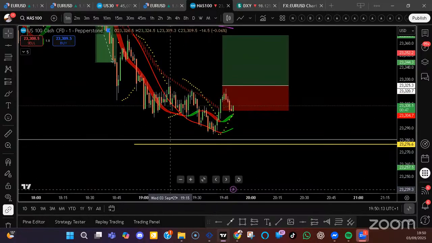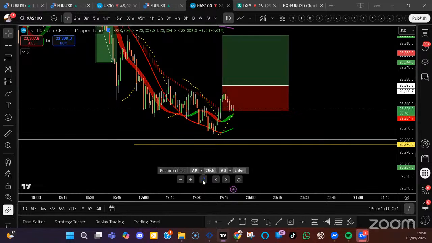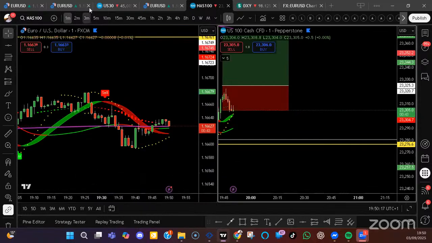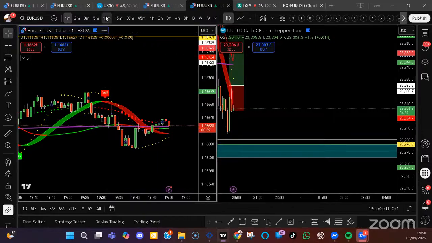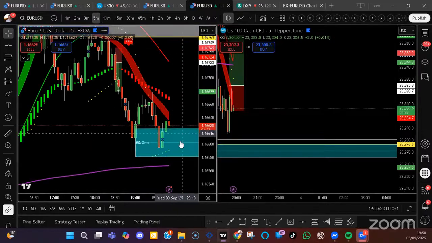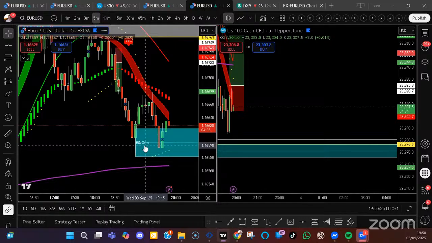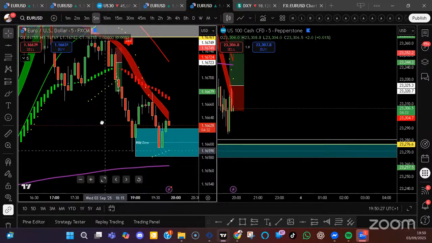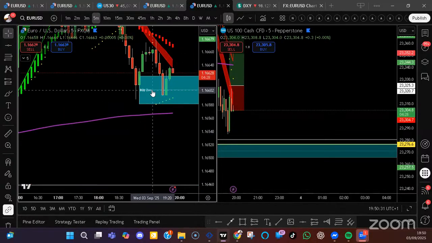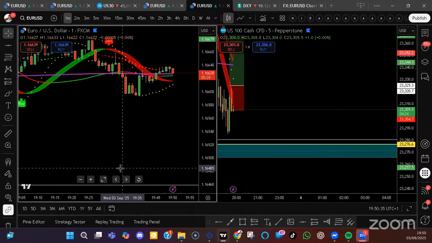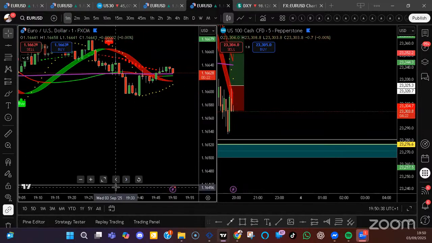Right, I've just noticed something. If I go into the 5-minute time frame, we've got a buy zone now. Look, see, the buy zone. We were waiting for that buy zone down there, but now a buy zone has appeared on the EUR USD, and we're on the purple line.